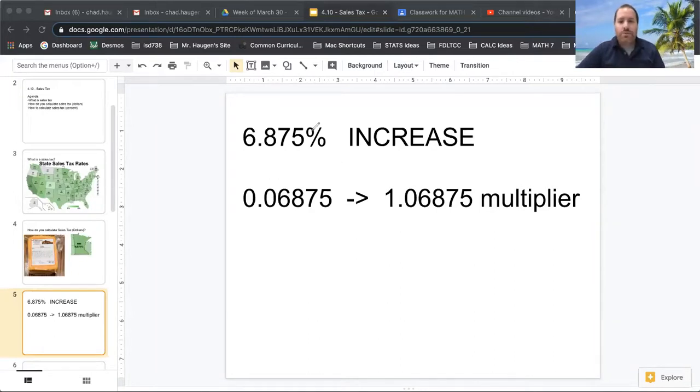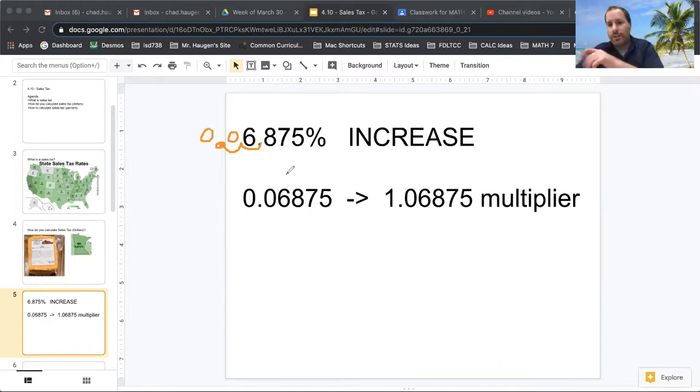Percent, per means divide, cent is 100, divide by 100. So here we would move the decimal place over 2 spots, and then we'd put our extra 0 there. So we'd have 0.06875. That's the decimal number.